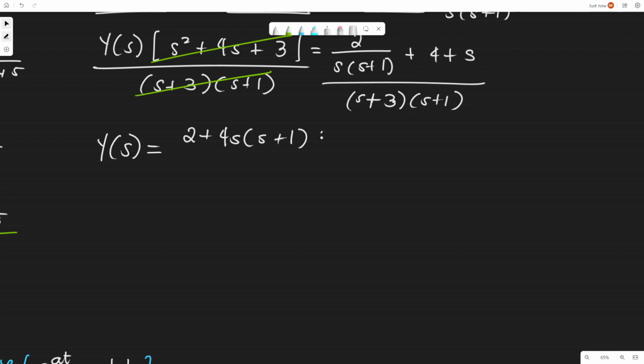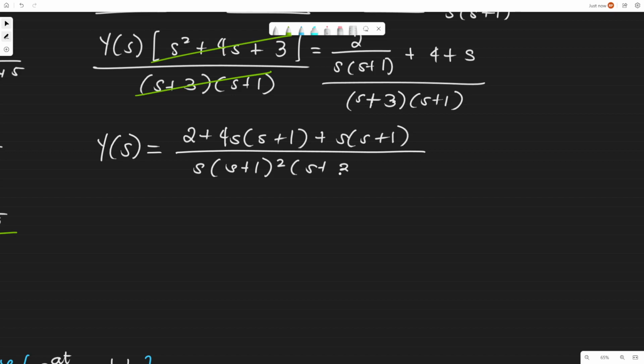Ayun. So, plus s times s plus 1. Para iisang fraction lang to. Tapos, i-attach ko na lang yung dinivide ko. So, this will become squared kasi may s plus 1 tayo dito. S plus 3. Ayan. Okay?